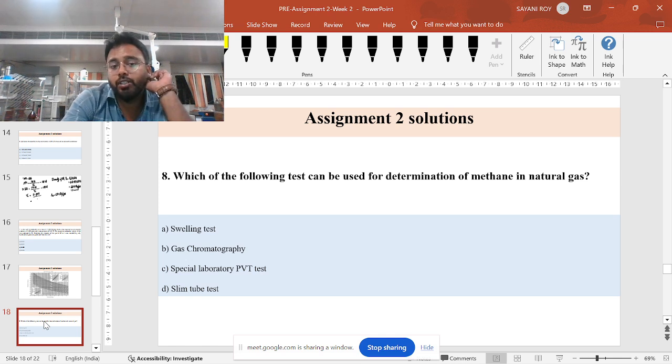Next question is: which of the following tests can be used for determination of methane in natural gas? Option A is swelling test. Option B is gas chromatography. Option C is special laboratory PVT test. Option D is slim tube test.